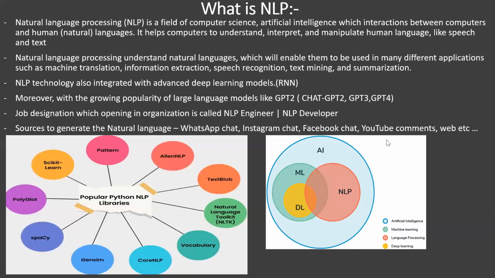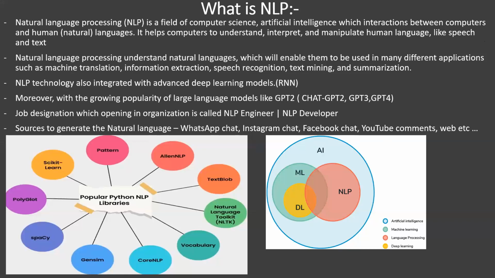So NLP is a field of computer science and artificial intelligence concerned with interactions between computers and human language. It helps computers to understand, interpret, and manipulate human language, like speech to text. It enables many different applications, such as machine translation.